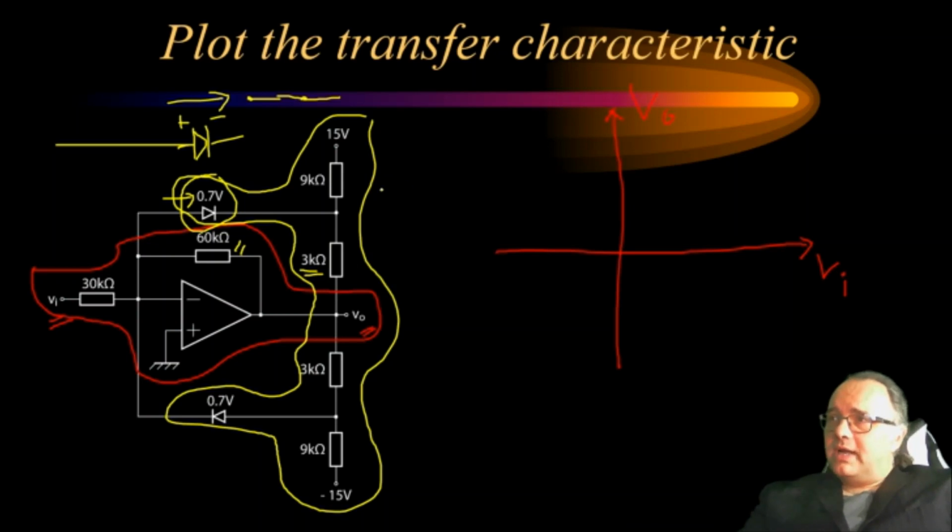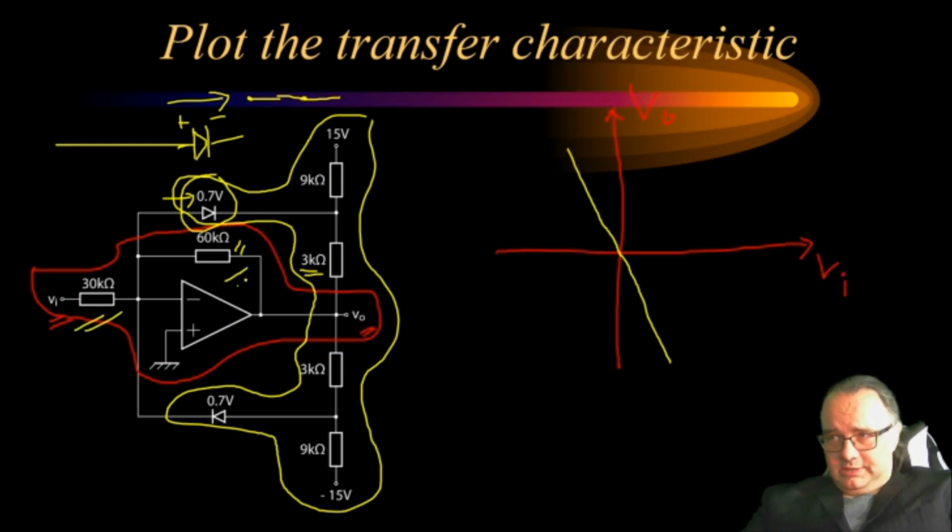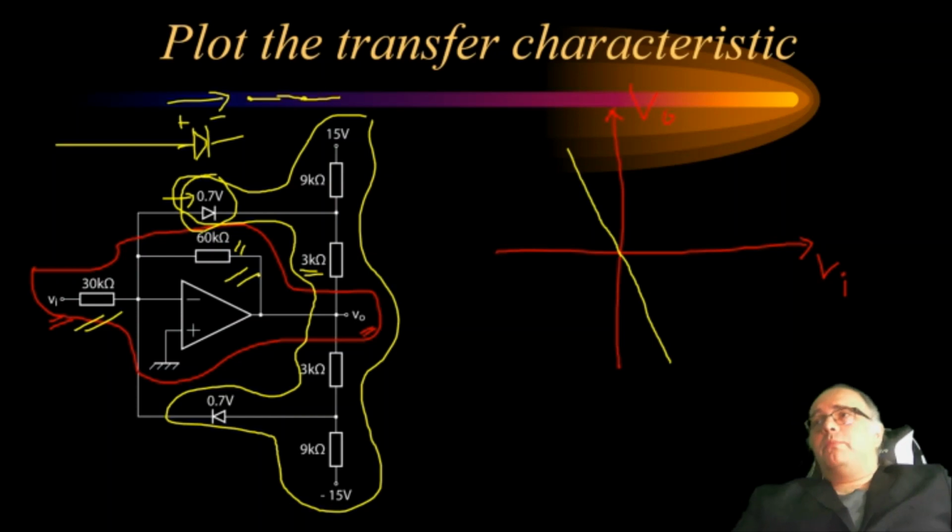It will connect effectively or disconnect the limiting circuit to the feedback of the amplifier. So if the diodes are off, then the limiting circuit will be switched off, disconnected from the input, and I'll have certain gain because this will be given by just the inverting configuration of this op amp.